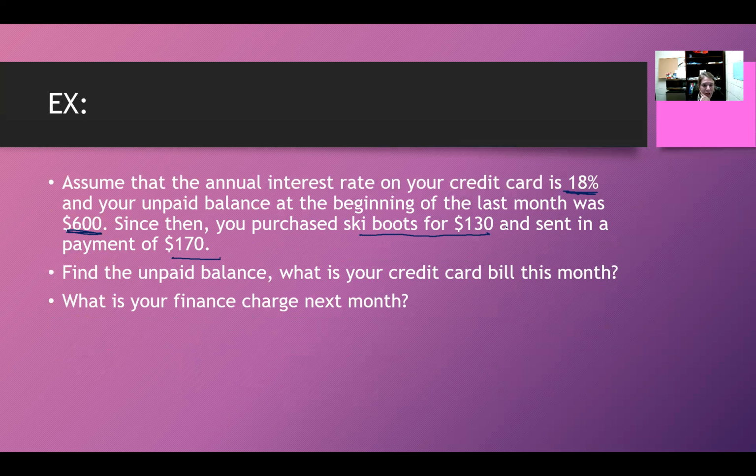So let's figure out what we're given. Your R is 18%, and we already know that T is 1 out of 12, right? And we're given an unpaid balance at the beginning of the month of $600.